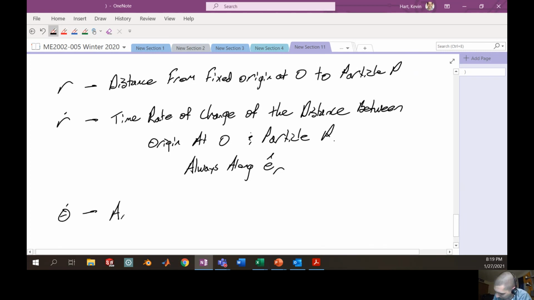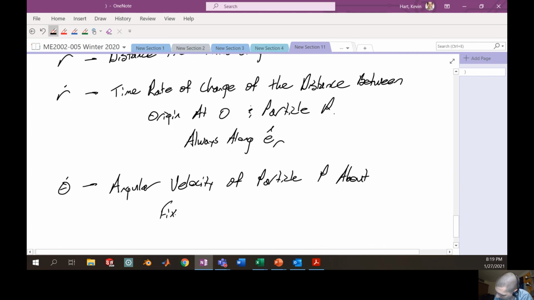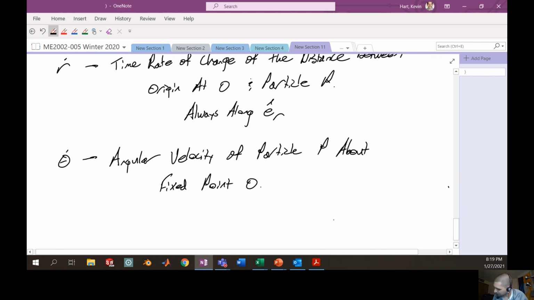This is the angular velocity of particle P about fixed point O. Another way to think about this is, here's point O. Point P is traveling on this path, and I'm sweeping through some angle over time, the angle delta theta.